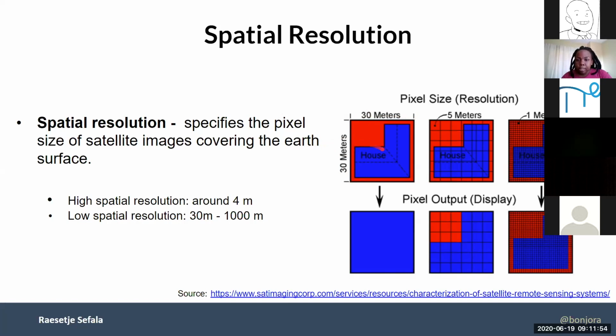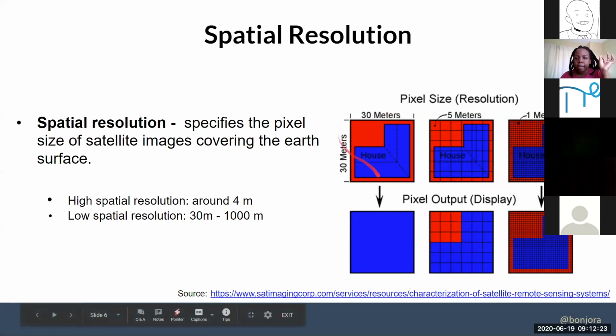Say there's a house, and this is 30 meters by 30 meters. If the spatial resolution of the satellite image is such that 1 pixel represents 30 meters, then this whole space on the ground will just be blue, which is the house.